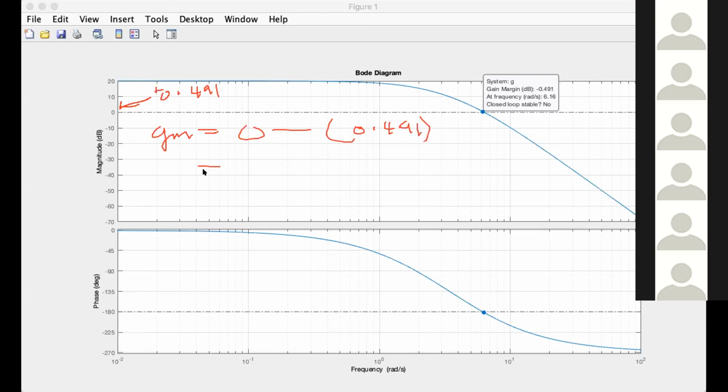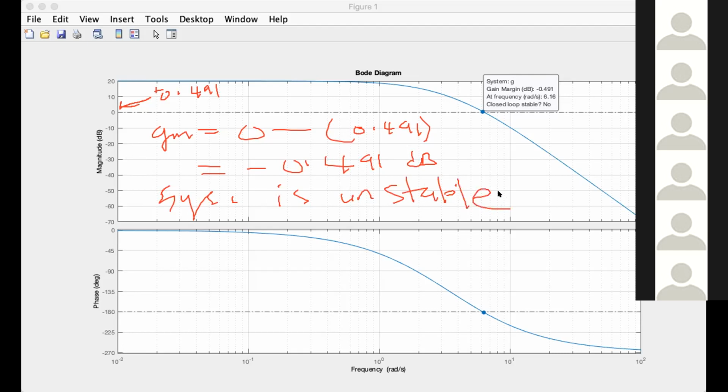That's why you get a negative 0.491 decibels. So the system is unstable, because of the negative.